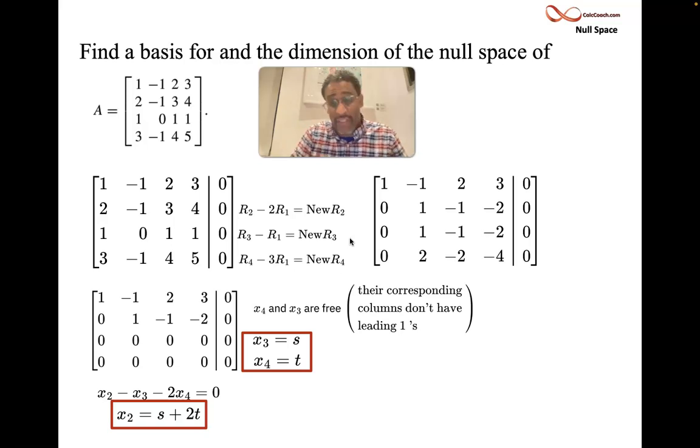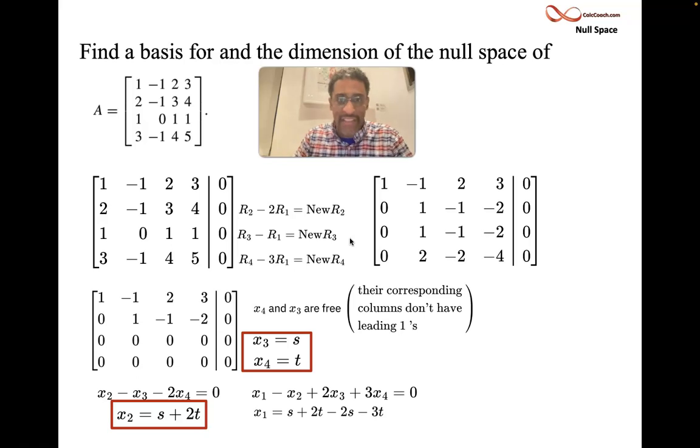In the end, we want to get what x1 is in terms of S and T, what x2 is in terms of S and T, and we already know what x3 and x4 are. That would be our answer there. And so let's get x1 now from the first row. Knowing what we know about x2, x3, and x4, we can solve for x1, replace the S's and T's, and simplify, and we'll have x1.